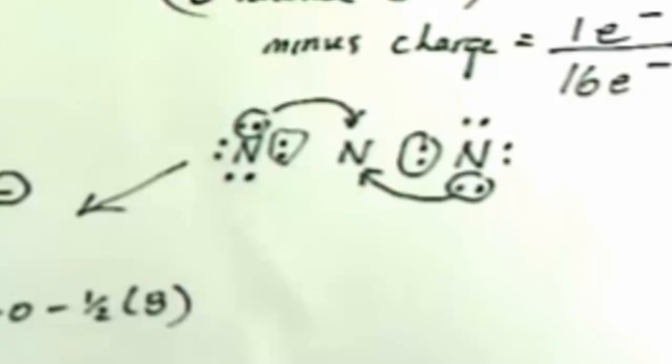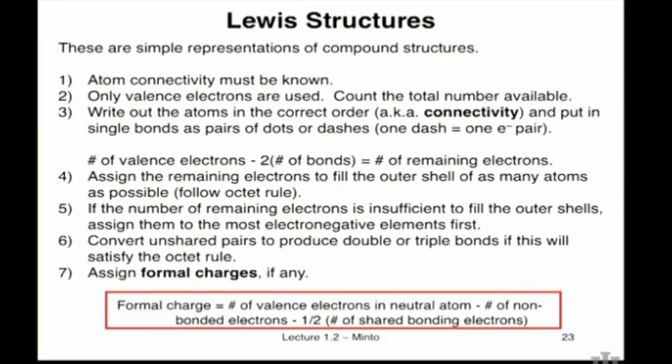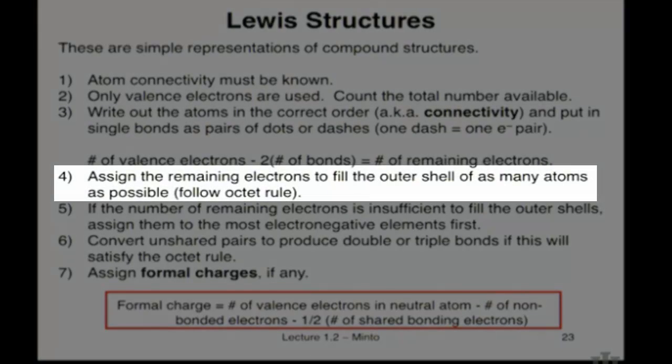But there are a couple of useful things that you want to recognize as being goals in drawing Lewis structure. So one goal is to try to fill as many of the valence shells as you can. So for most of the atoms we're going to talk about, that means getting 8 electrons around each atom, except for something like hydrogen.